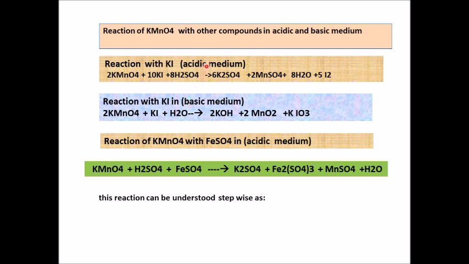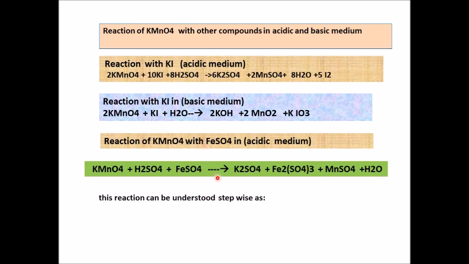So, under acidic conditions with H2SO4 and KMnO4, we are having strong oxidizing conditions, but not under neutral or basic medium. So, that is why KI would not give me iodine in basic conditions, but it will give me KIO3.